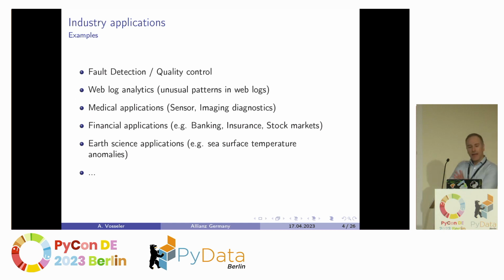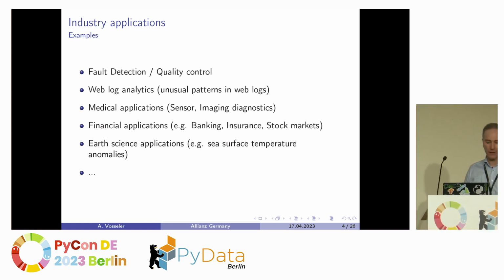So there are many industrial applications, obviously, to anomaly detection and outlier detection. For example, fault detection, quality control in predictive maintenance, or weblog analytics when you think of looking for unusual patterns in weblogs. Also in medical, for example, imaging diagnostics, to give you an example, or in finance.